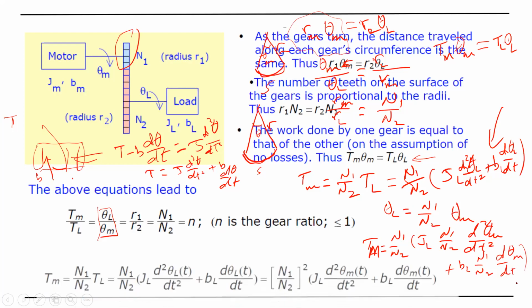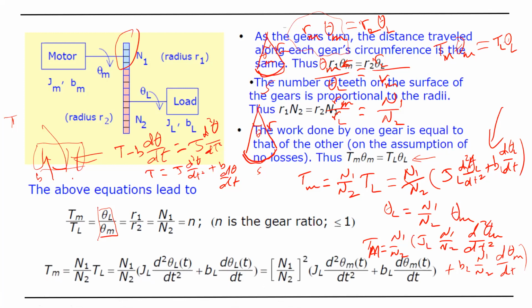Now, factor out the N1 over N2. So you'll have N1 over N2 squared, JL d second theta M over dt squared, plus BL d theta M over dt.